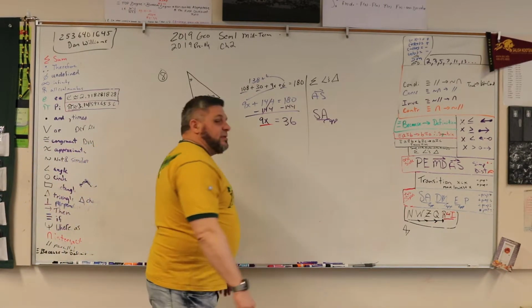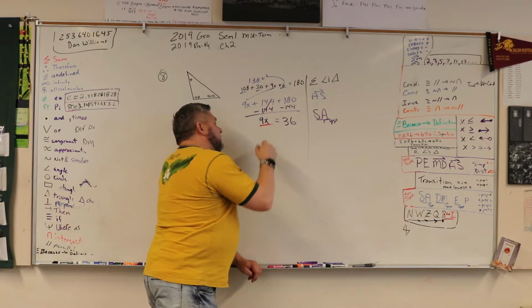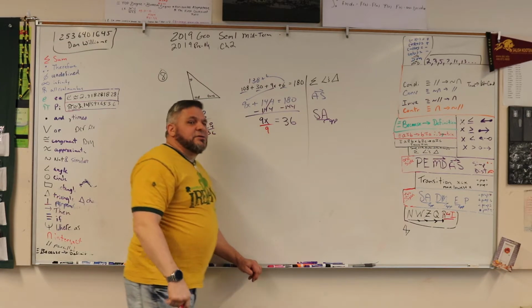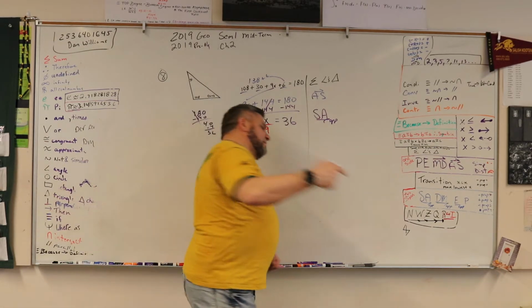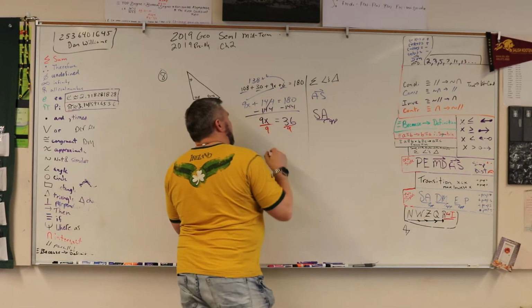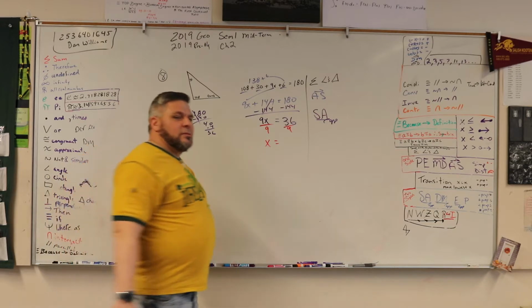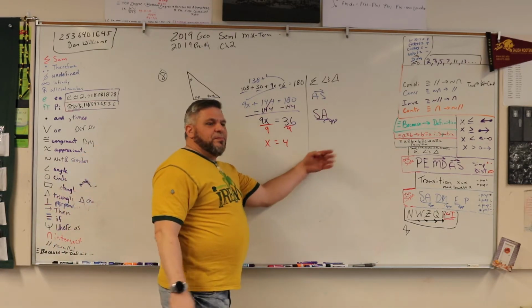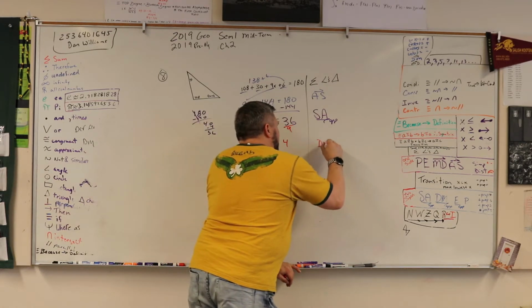You gotta get rid of the 9. 9 goes into 9 one time, right? Okay, what I do to one side, I do to the other side. What's x equal? 4. What did we do? Divide. So DM, yeah?